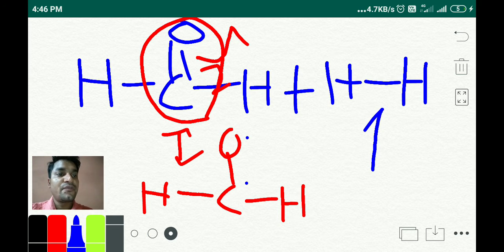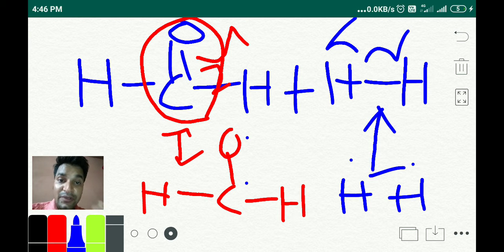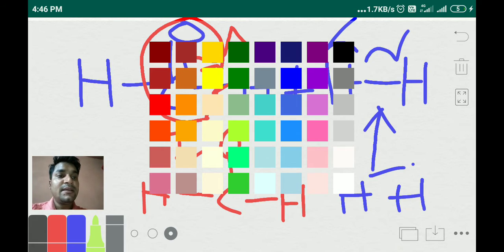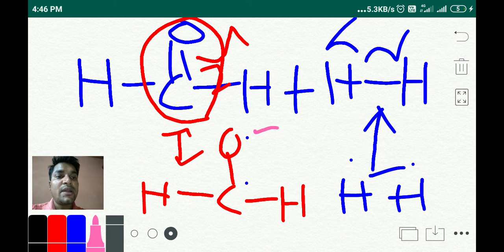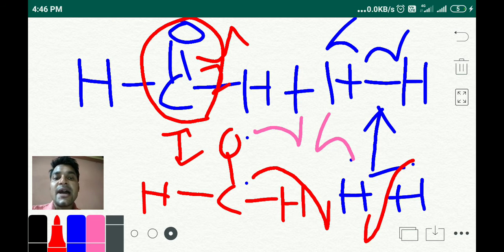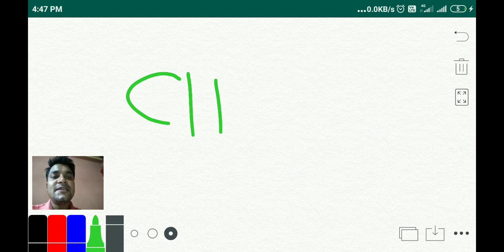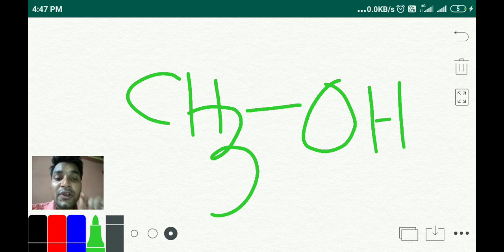Likewise, homolytic cleavage also occurs in hydrogen, forming two hydrogen free radicals. The oxygen's lone electron and a hydrogen's lone electron combine, forming OH, and the carbon's lone electron and another hydrogen's lone electron are added at the carbon center. So the product will be CH3OH. So it goes through the free radical mechanism.